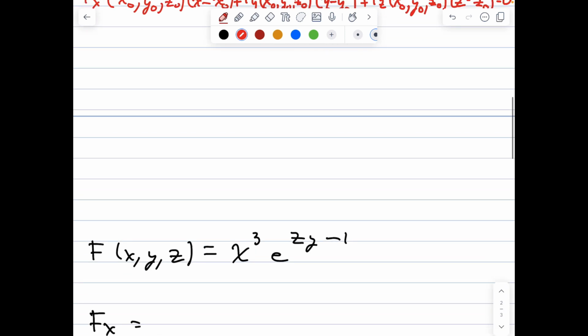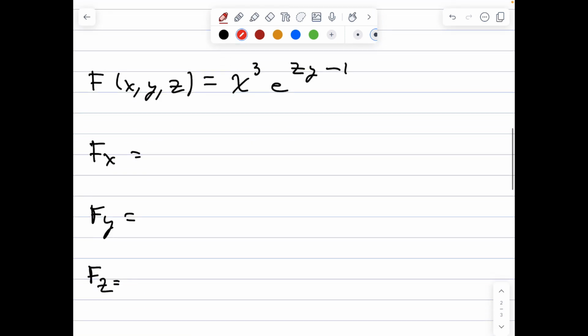And the way that works is that you're going to take your function and take your partials with respect to x, y, and z. If I find the one with respect to x, this is going to be 3x squared e to the zy minus 1. Fy would be x cubed times z e to the zy minus 1.